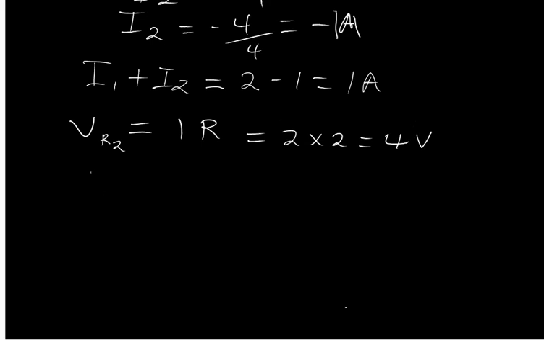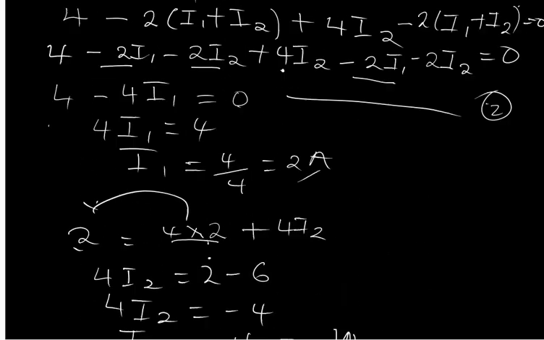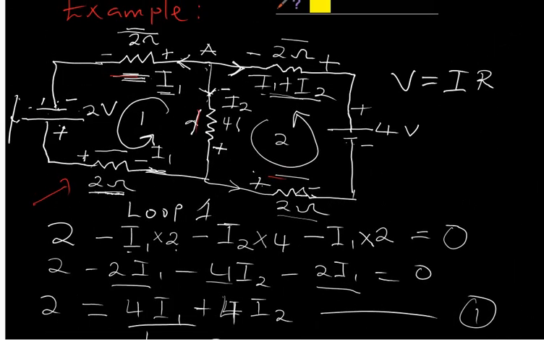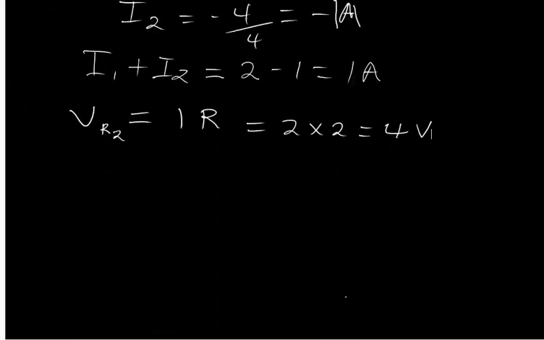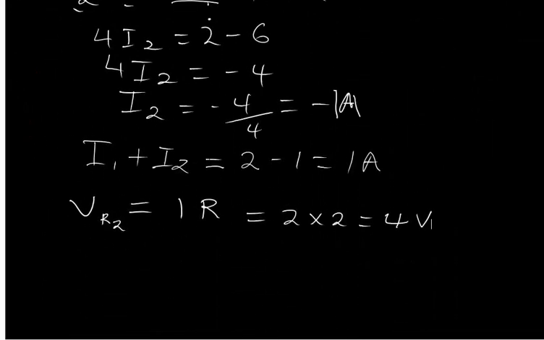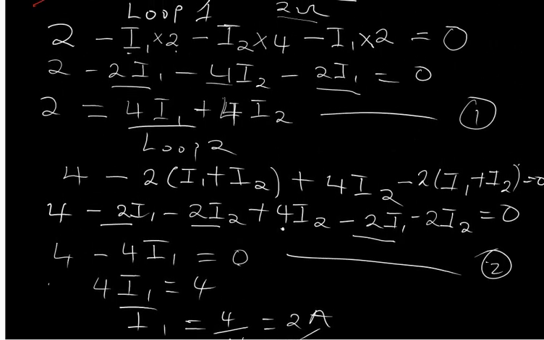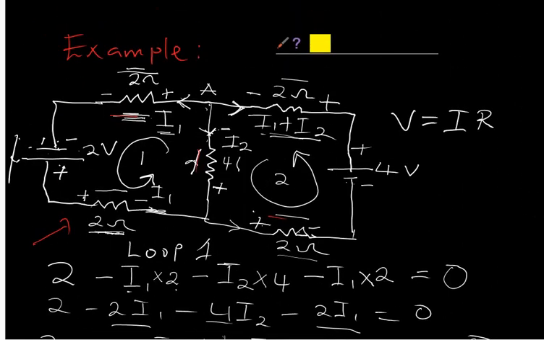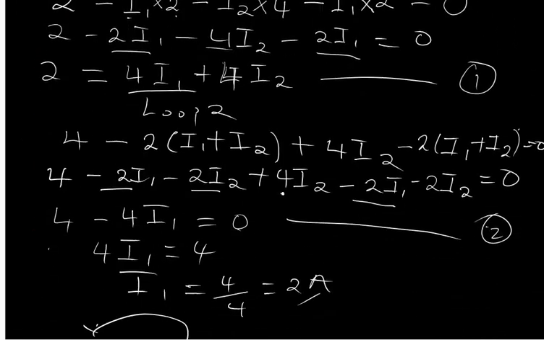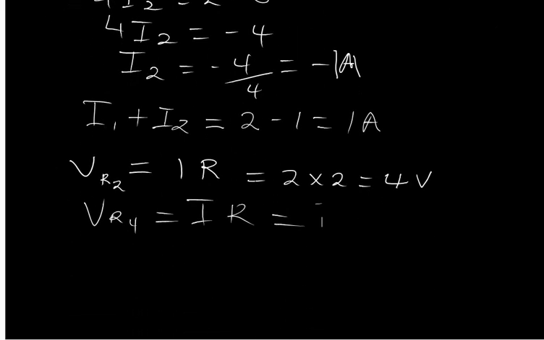Okay, let's look at the voltage across the 4 ohm resistor. The current across this 4 ohm resistor is I2, and our I2 is minus 1.